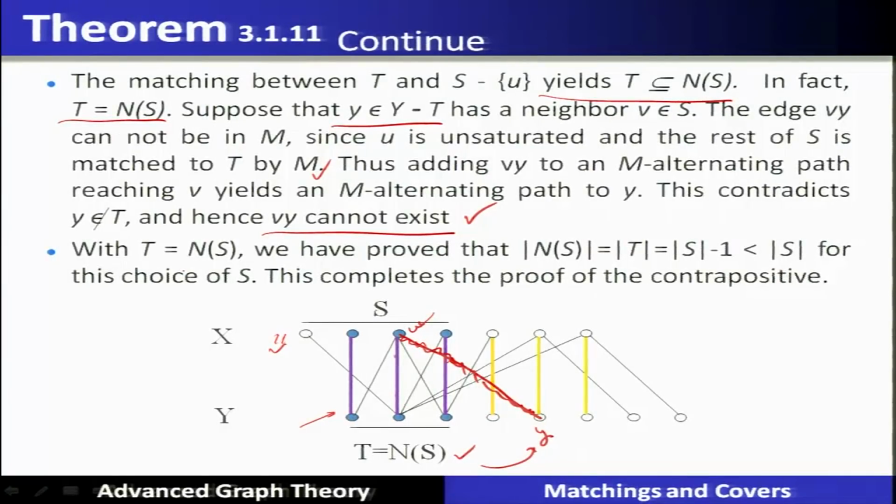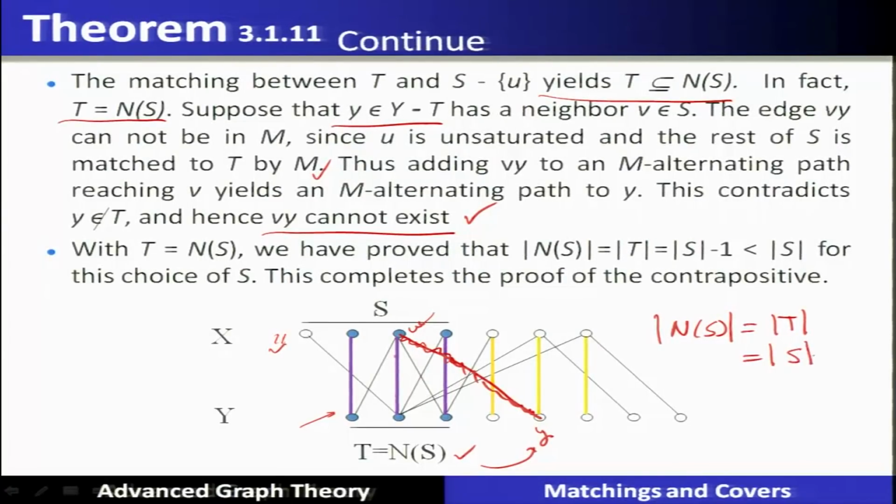Now, here this T is the neighborhood of S, and we have proved that the size of the neighborhood of S is not the same as T, and here T means all the vertices of T which are matched to S except the u which is unsaturated.